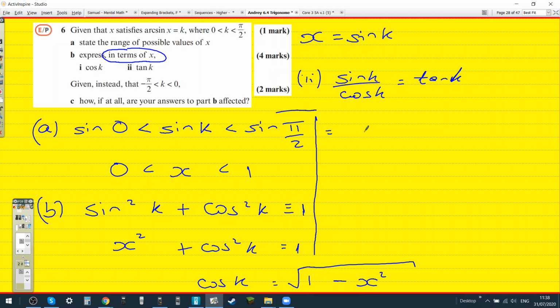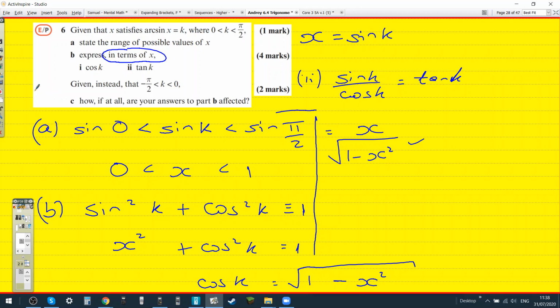I don't know. In terms of x. Oh, so sine k is x. Oh, sine k is x, sorry. Yep. So will it be x over the square root of 1 minus x squared? That's it, I believe. Okay.